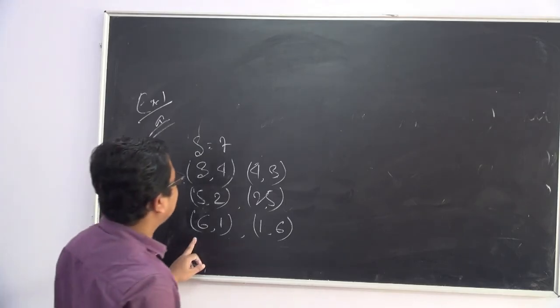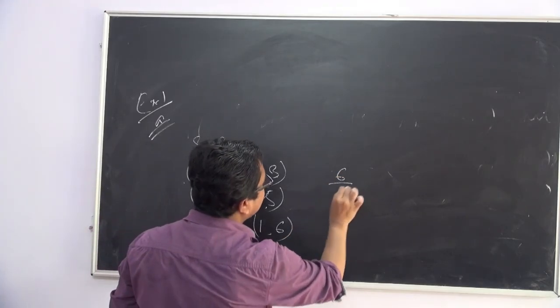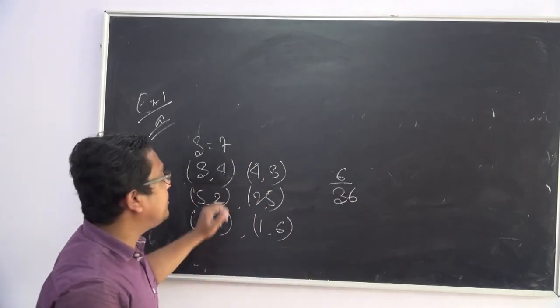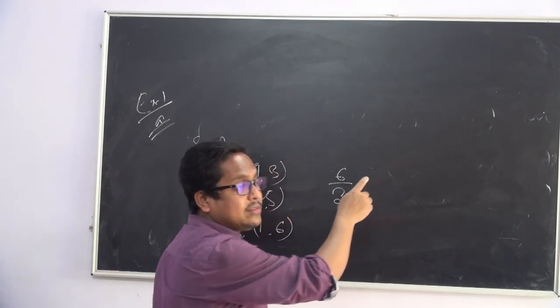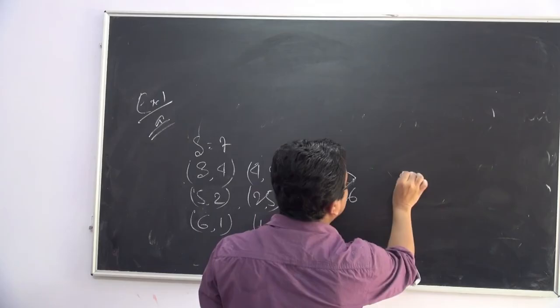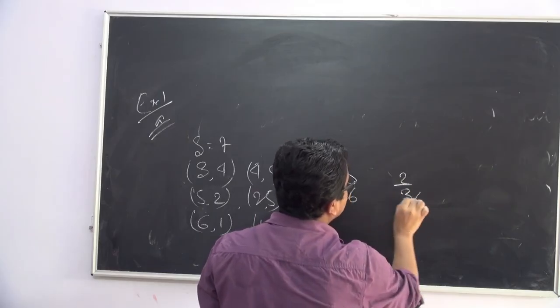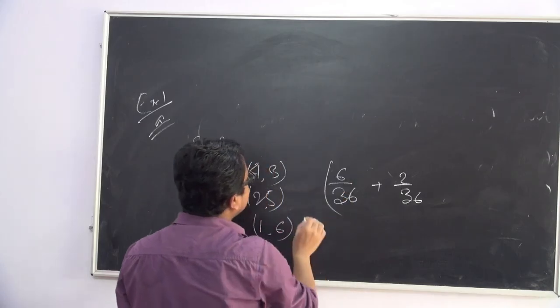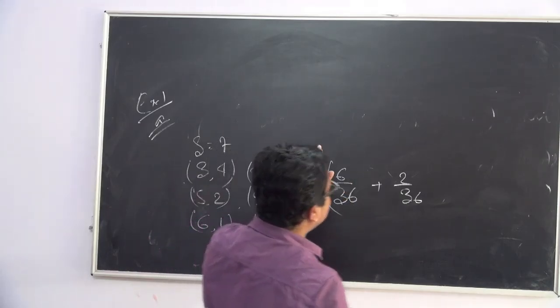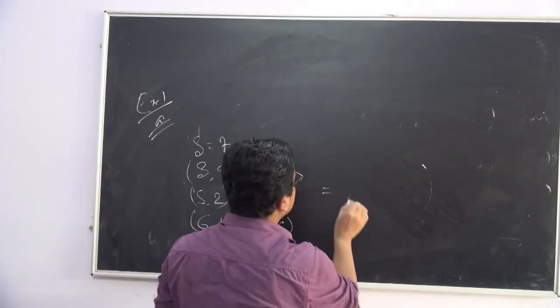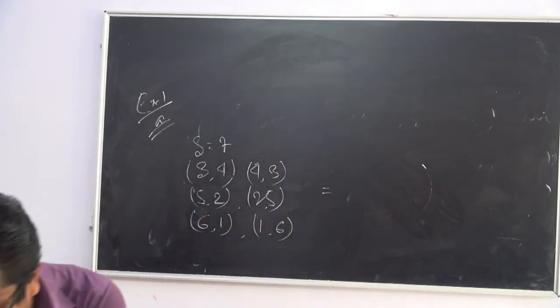So that means the favorable cases are 6 by 36 for S is equal to 7. For 11 it was 2 by 36.